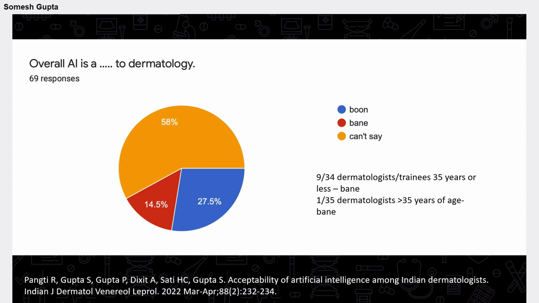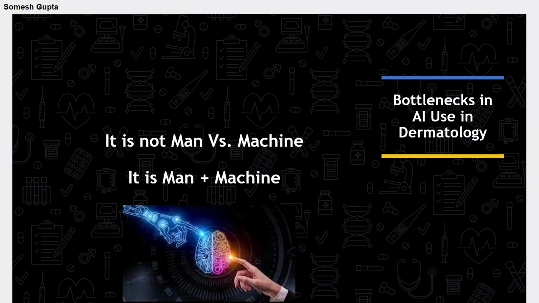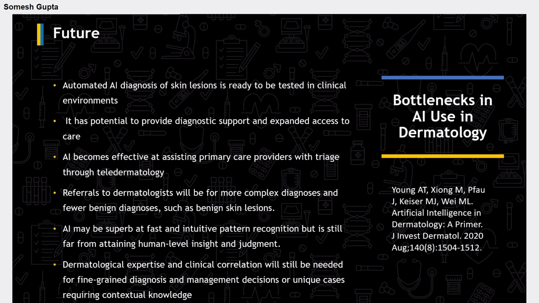So this is going to be a big challenge for AI in future. We should always encourage young people to adopt the new technology, also peripheral doctors and primary care physicians. It is not man versus machine, but man plus machine. Thank you very much for your attention.